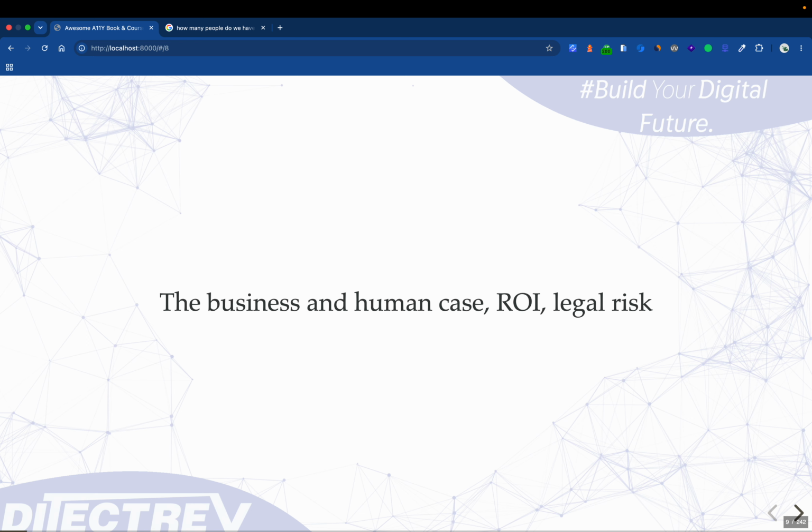So the business case is clear: with accessible applications, you can reach more customers, reduce support costs, and improve SEO as well. SEO stands for search engine optimization. That definitely helps your branding, because you are building trust in your brand when you are accessible.